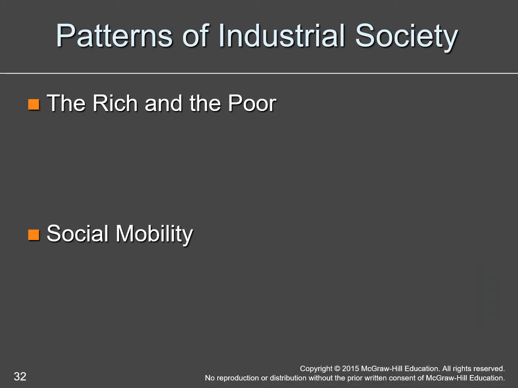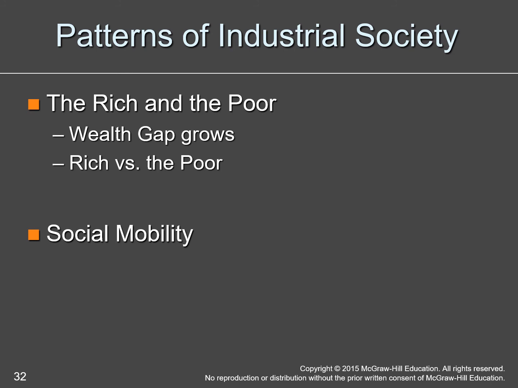Okay, so what is the effect of this growing economy? The wealth gap grows. And so you have this real divide between rich and poor. The rich have private clubs, mansions, green space.